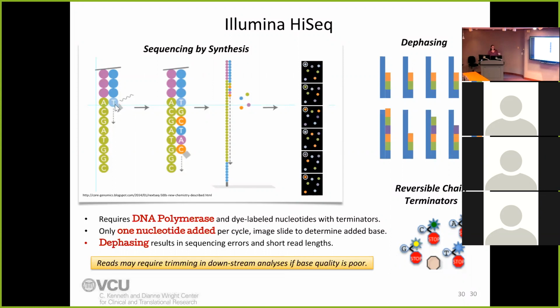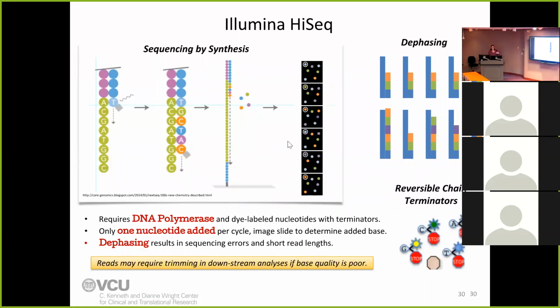So you're essentially synthesizing an exact copy of your fragment this way. Every cycle adds one more, and each cycle you take a picture and you figure out which color is in which spot. Here you can see for this particular fragment, the color changes for each cycle. And that's how you build up your digital sequence.